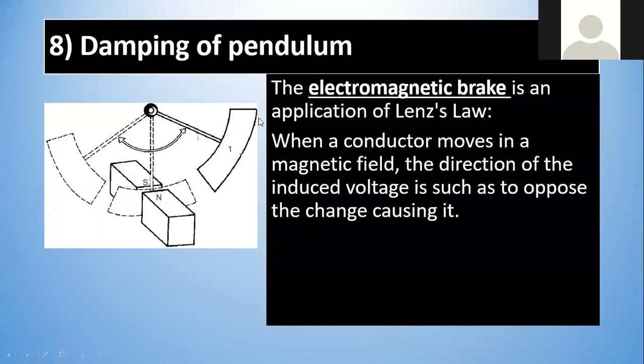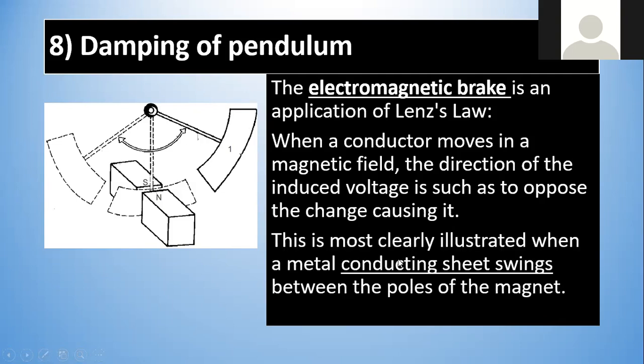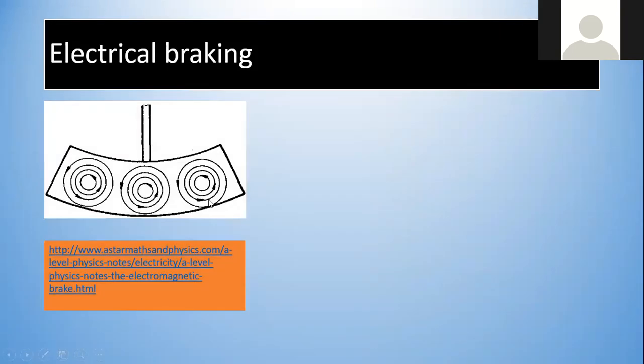We let this whole piece of metal, the pendulum, swing. We will find that it stops very fast, after a few swings. You can explain that as it swings, the field there will be changing, so there will be induced EMF in the pendulum, as shown here.